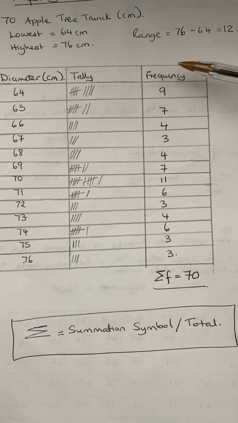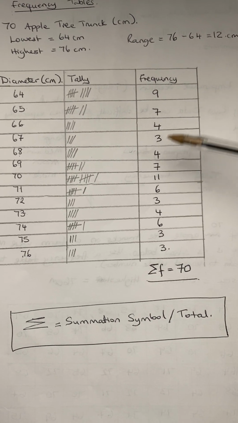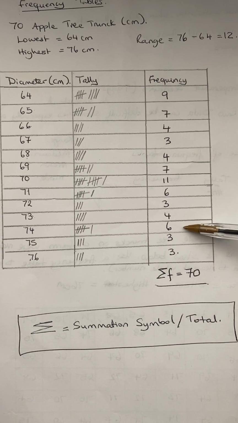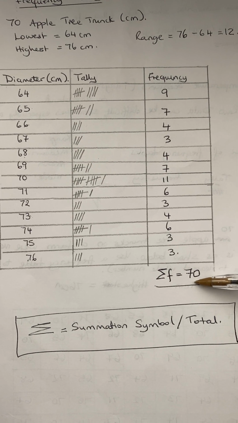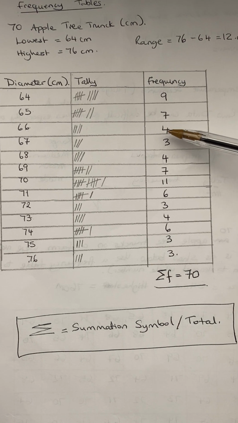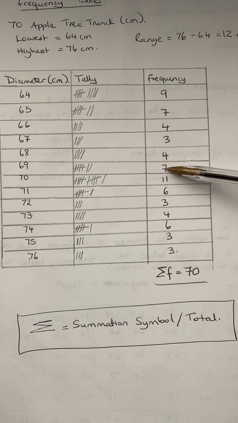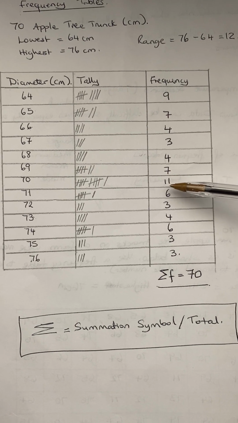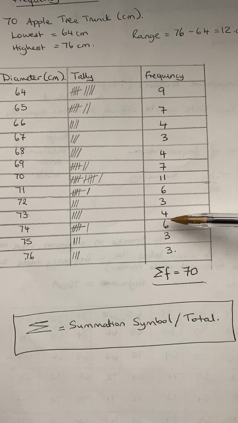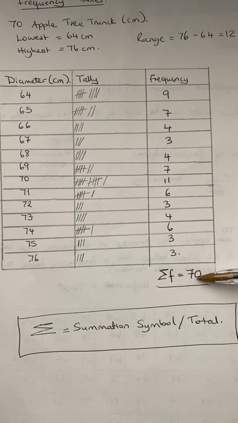Now if you add everything under frequency, frequency is how many times each diameter occurs, you should get 70. So if you add 9 to 7 to 4 to 3 to 4 to 7 to 11 to 6 to 3 to 4 to 6 to 3 and to 3, you should get 70.